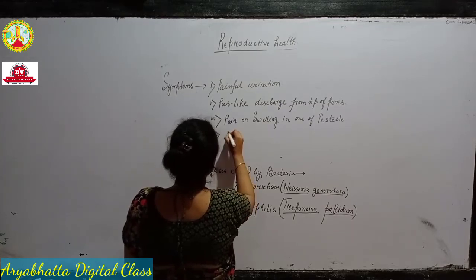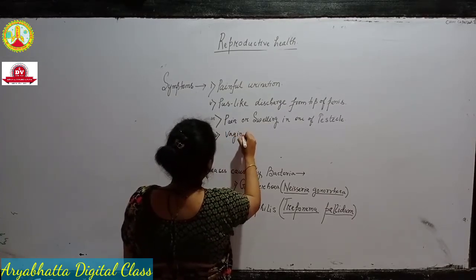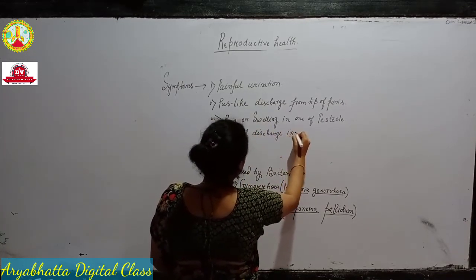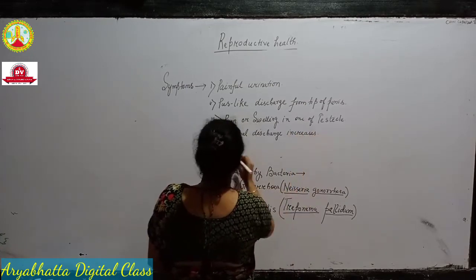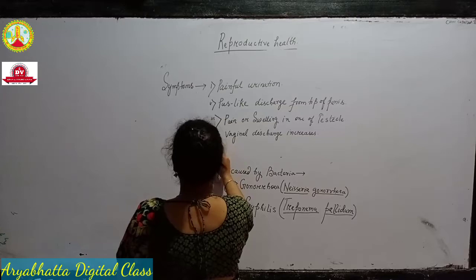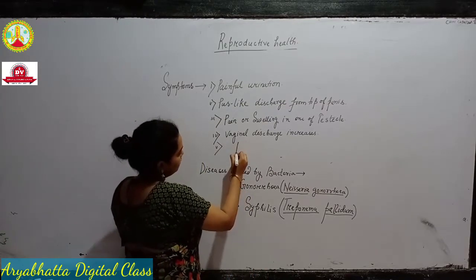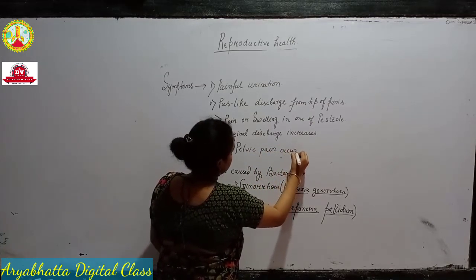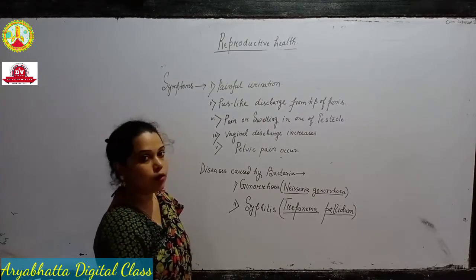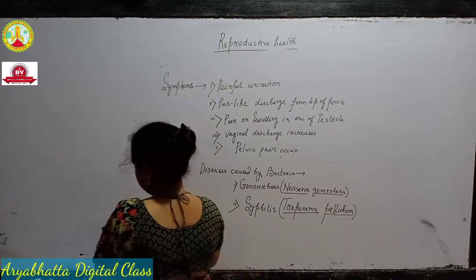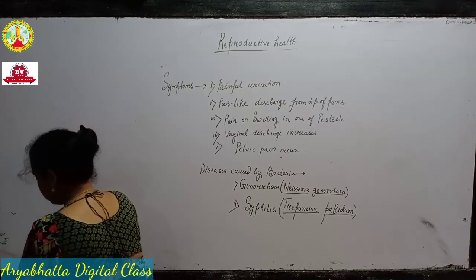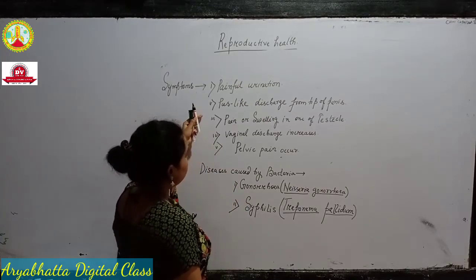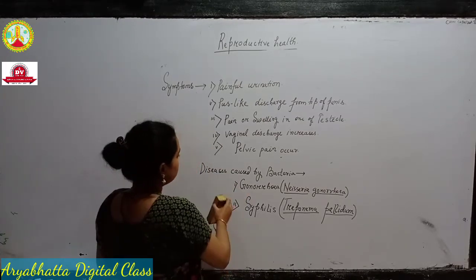Number 4, in case of female, vaginal discharge increases. And last one, in case of female, pelvic pain occurs. So the symptoms of syphilis are more or less the same as those of gonorrhea.